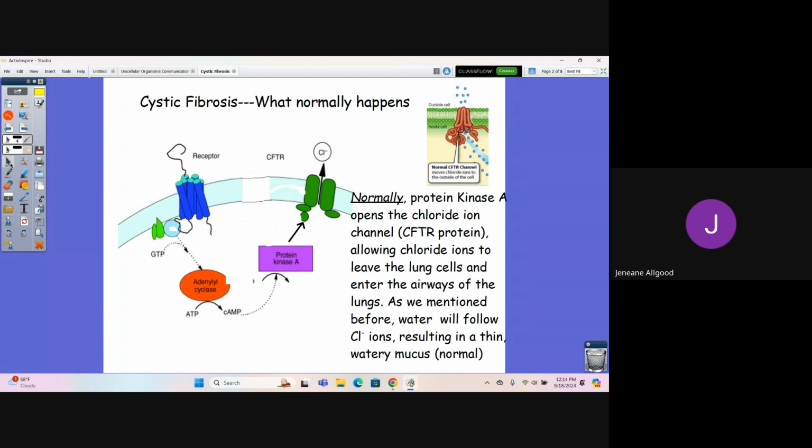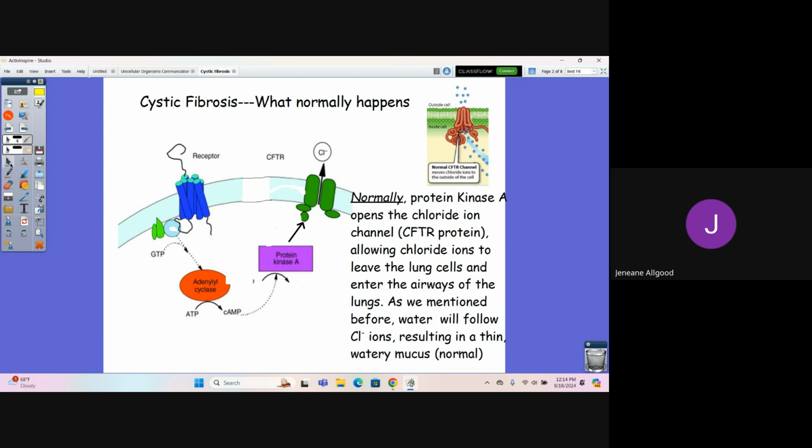Now, water's still going to follow, okay? Because chloride, even though it's an ion, is kind of like a solute. It's going to behave like a solute. So water wants to go to where there's more ions, where there's more solute. So water will leave the lung cells and go out into the airway space, okay? Like your trachea, or your bronchi, or your bronchioles.